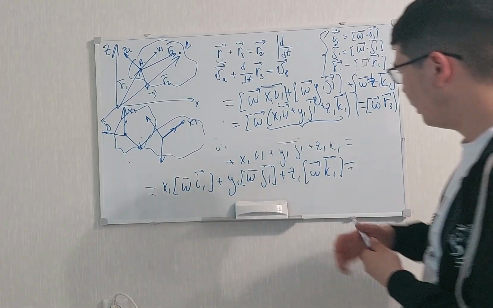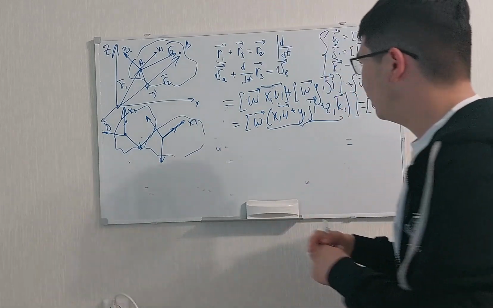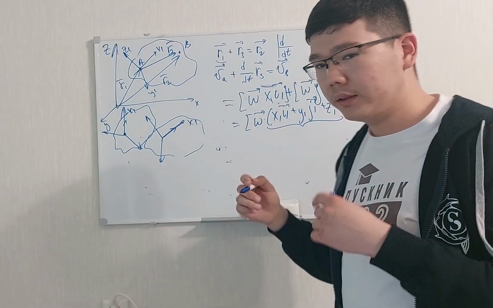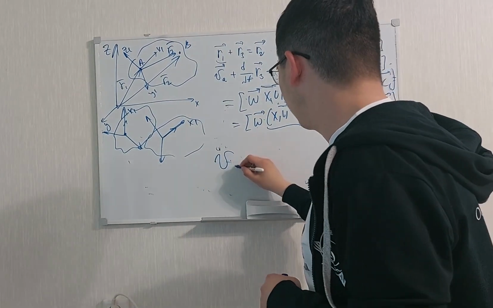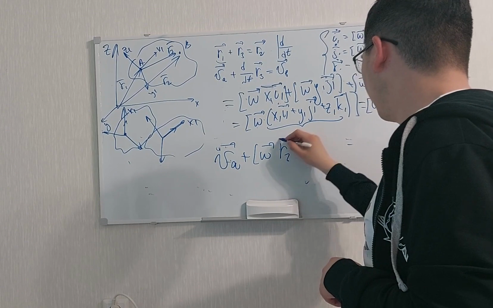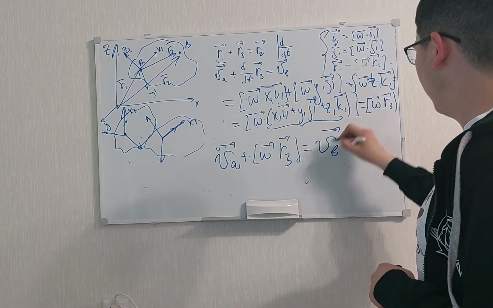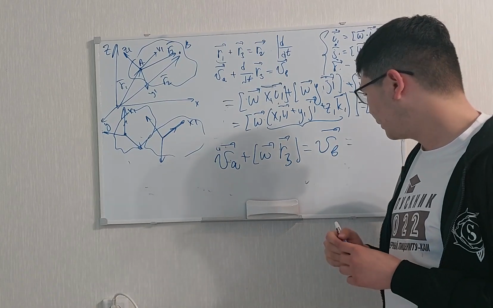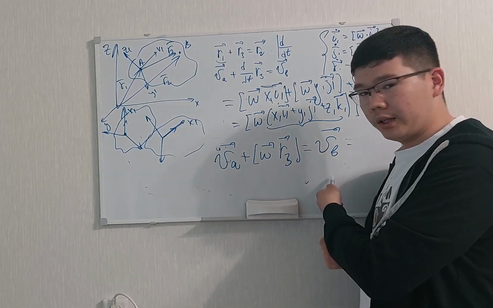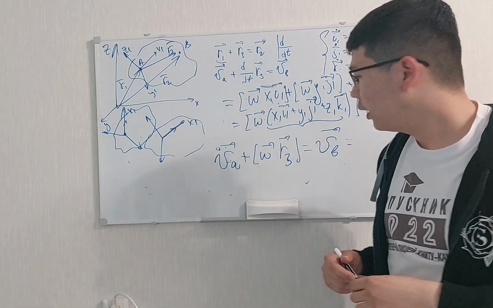So the result after all this mathematics is that the velocities of the points A and B are connected in this way. Let me write it. V_A plus omega cross r3 is equal to vector V_B. Now we have the connection between the velocities of A and B.